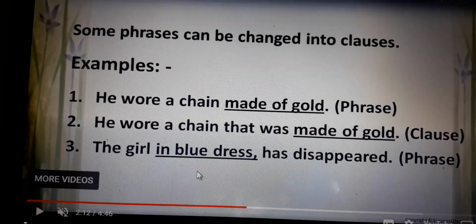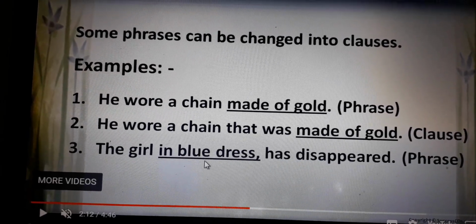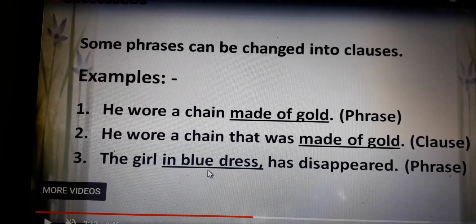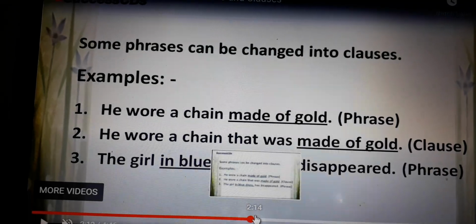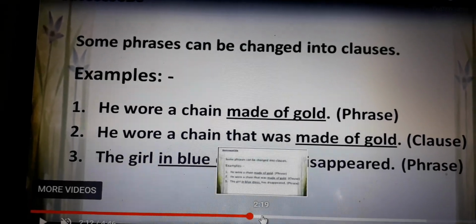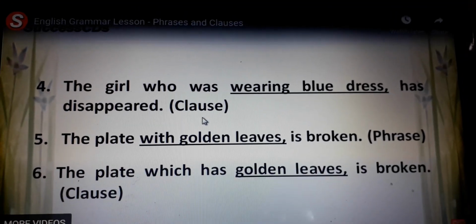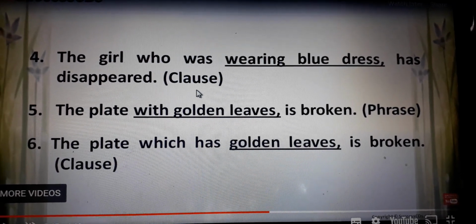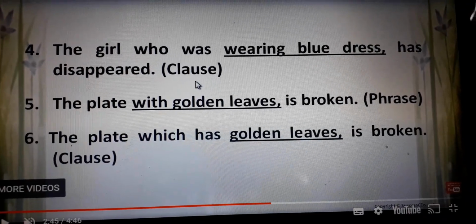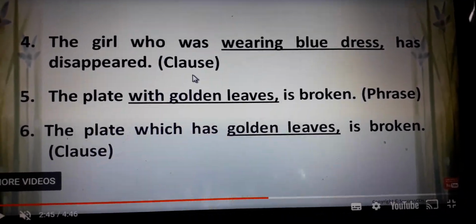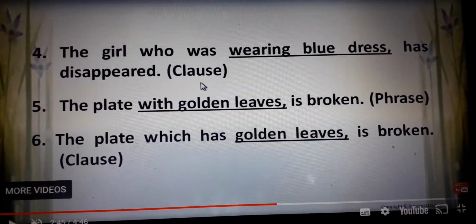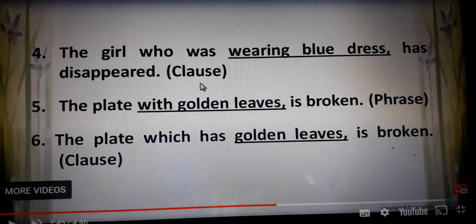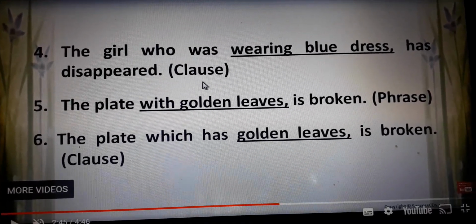Now how to convert this phrase into a clause which consists of a subject and a verb? Let's see. The girl who was wearing blue dress has disappeared. Now "who" is the subject here and "was wearing blue dress" is the predicate here. That's how the phrase has been changed into a clause.